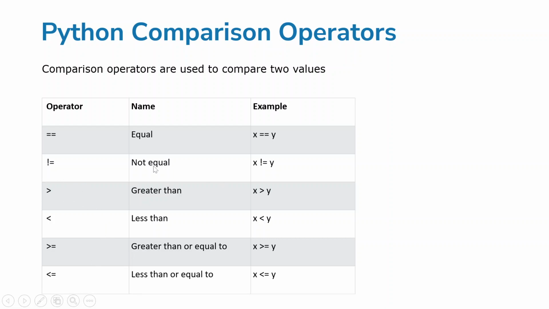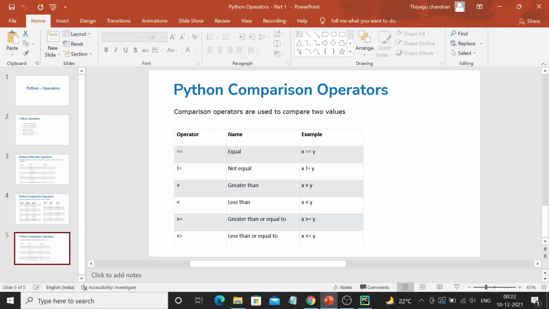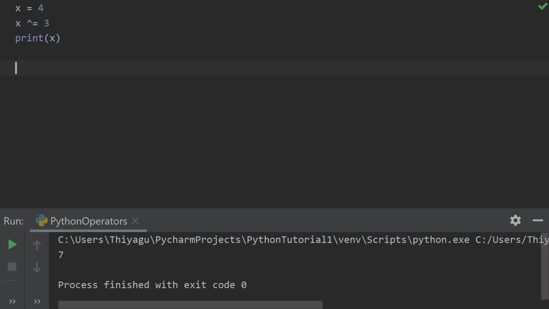Maybe I can show you how not equal to works. So x not equal to y, let's say we have x equal to 4 and y equal to 3.